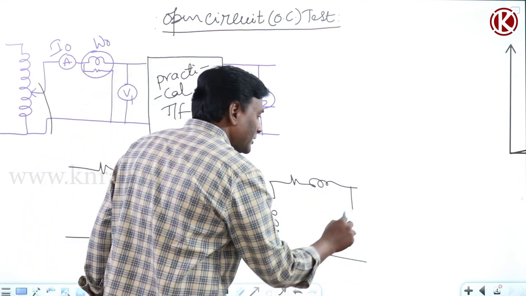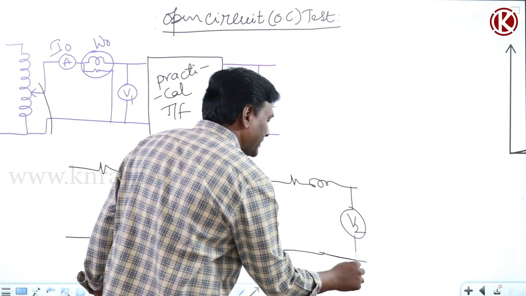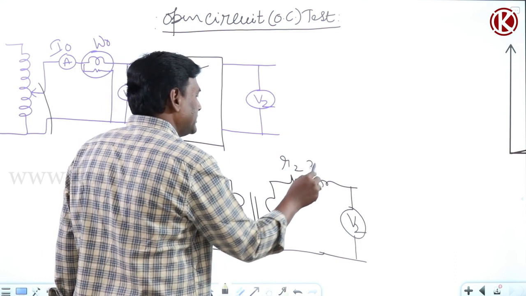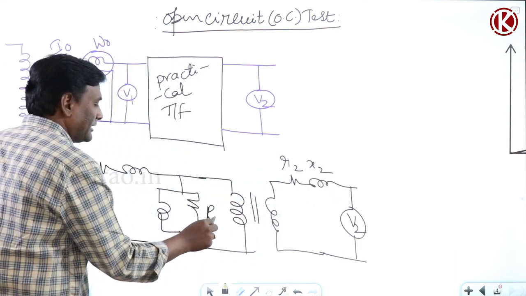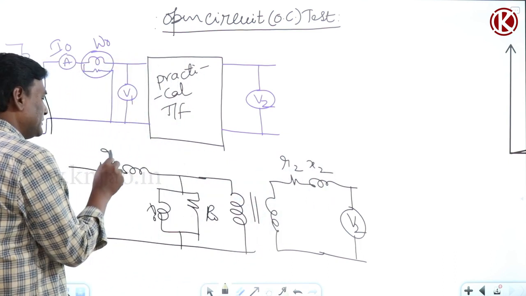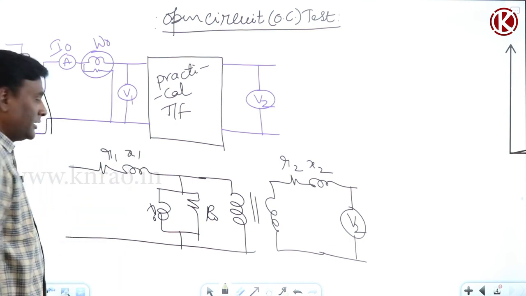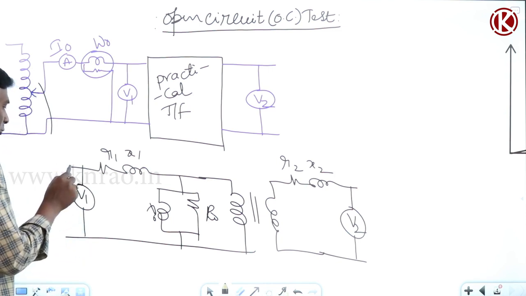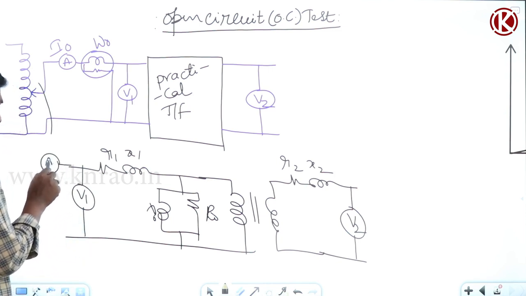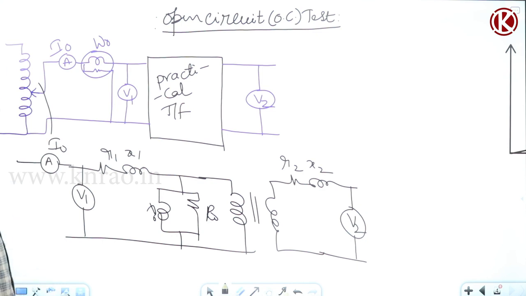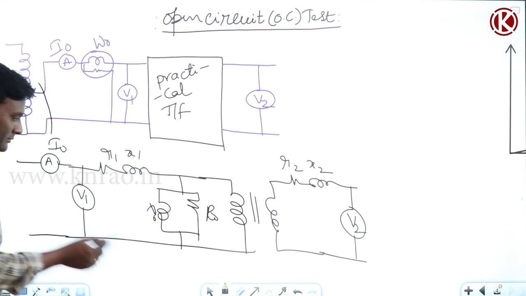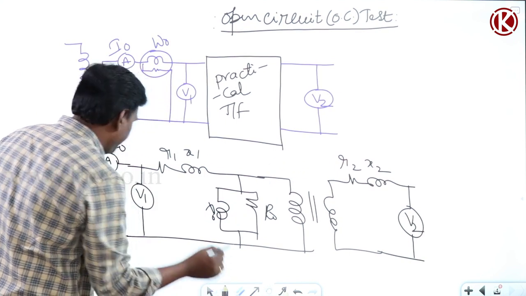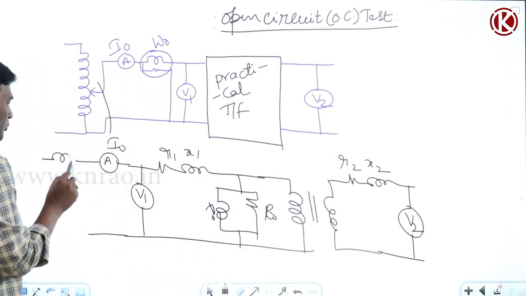Here we have the V2 voltmeter, and this is R2, this is X2, this is R0, this is X0, this is R1, this is X1. Now here we connected one voltmeter V1 and one ammeter A, which reads I0, and also one wattmeter. Now we connected one wattmeter here.